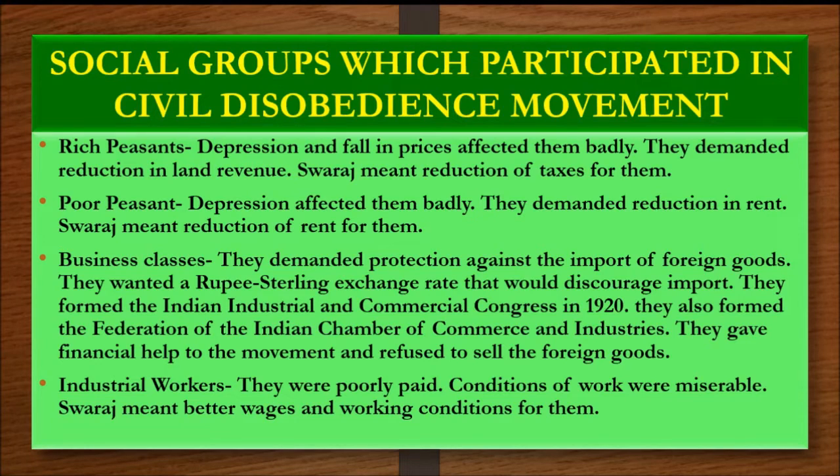They were producers of cash crops, which were badly affected by the fall in the prices of agricultural products. As their cash income disappeared, they found it difficult to pay the government tax. So for them, participation in the civil disobedience movement meant a reduction in the government revenue.